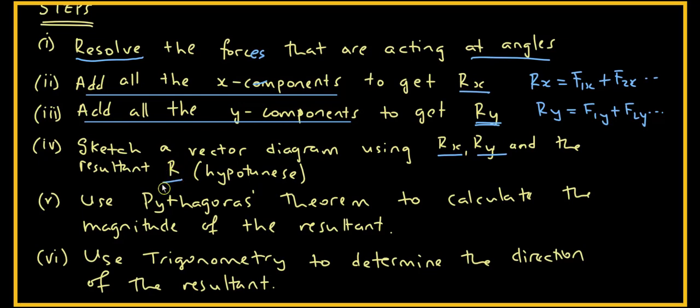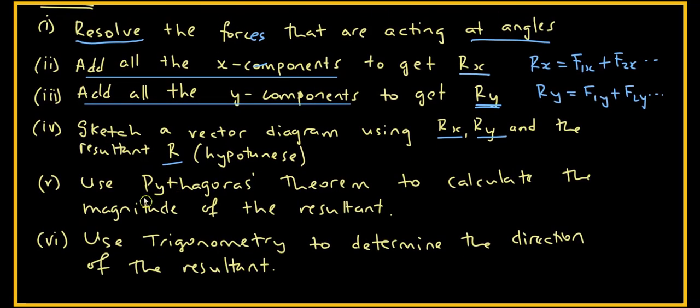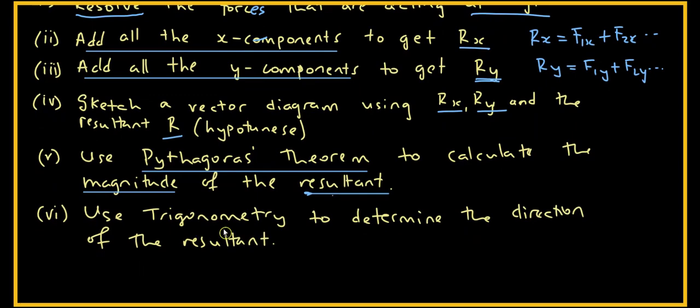It must start from the tail of the first vector to the head of the last vector. Right. And then step number 5 would be to use the Pythagoras theorem to calculate the magnitude of the resultant. And lastly, we'll use our simple trig ratios to determine the direction of the resultant.